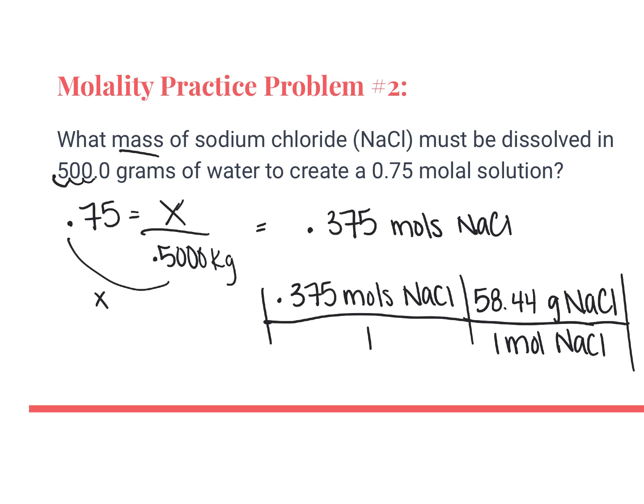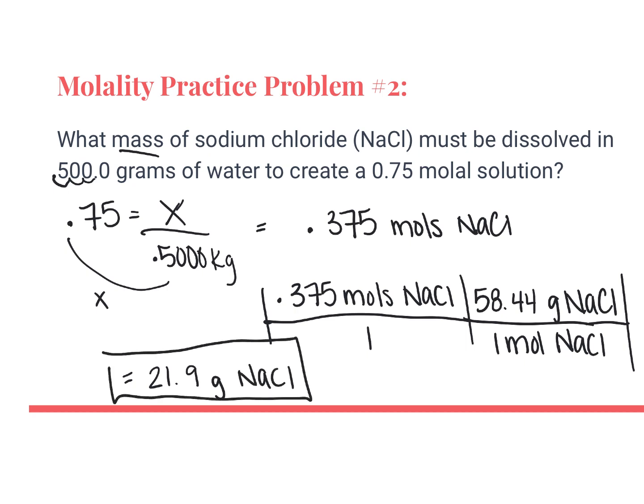Then we just multiply. What's 0.375 times 58.44? 21.9. That means you need 21.9 grams of sodium chloride to make this solution.